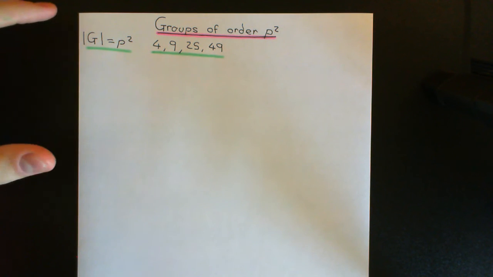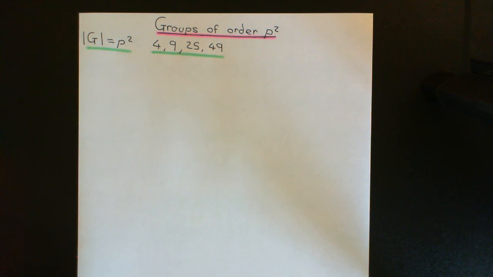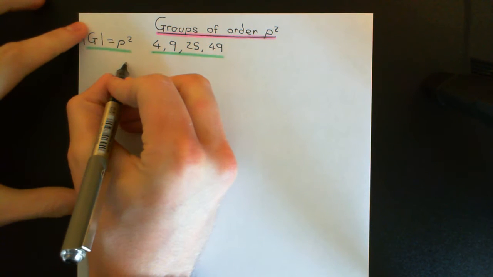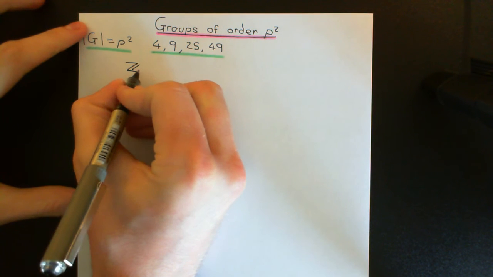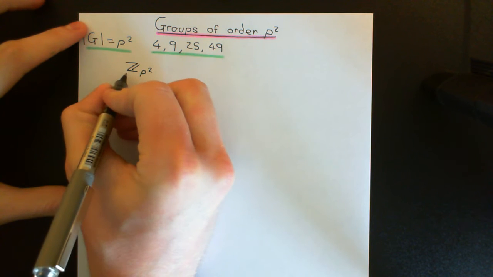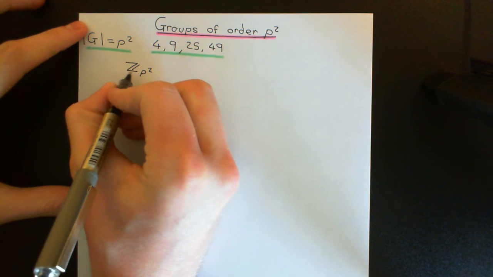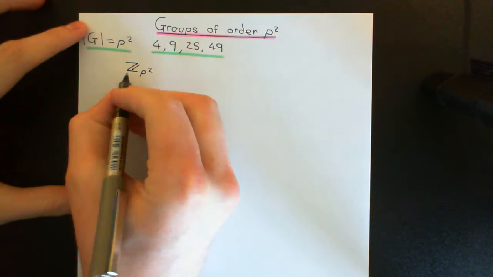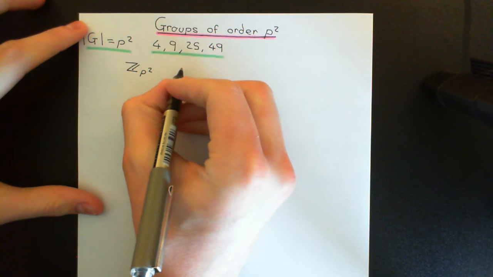So the result is that there's only 2 separate isomorphism classes for groups of order a prime natural number squared. So if you have a group of order a prime natural number squared, it's isomorphic to one of these 2. Okay, so the 2 are the cyclic group on the set of P squared elements, so Z P squared, or you could call this C P squared, it doesn't really matter, just different notation.